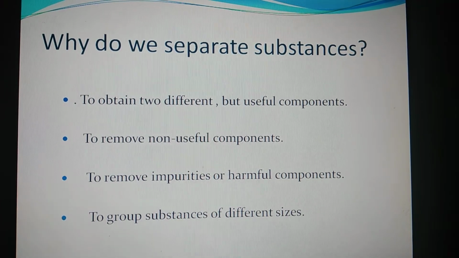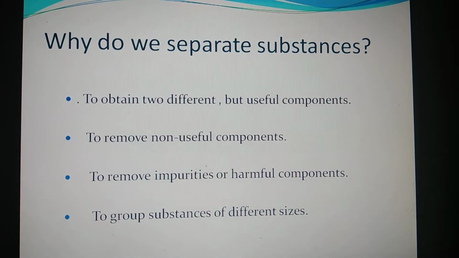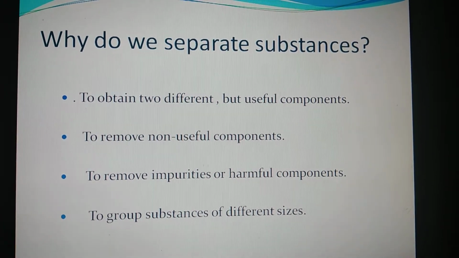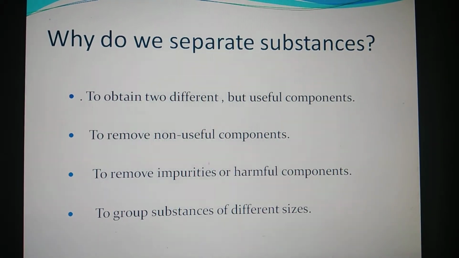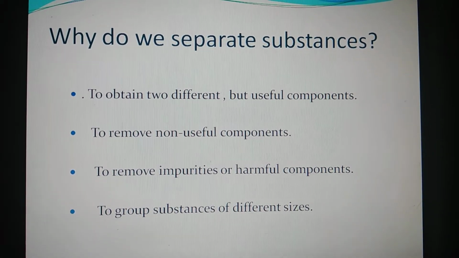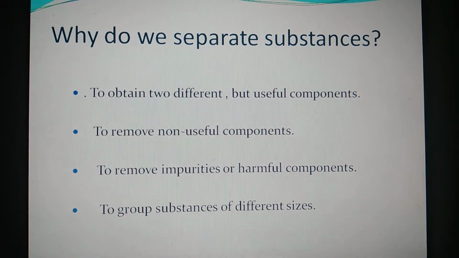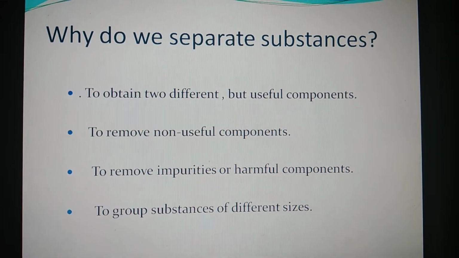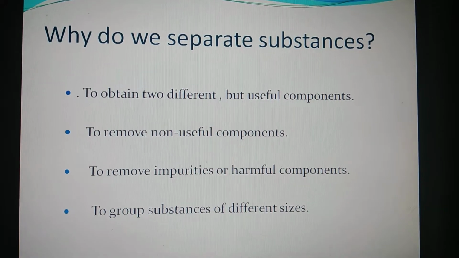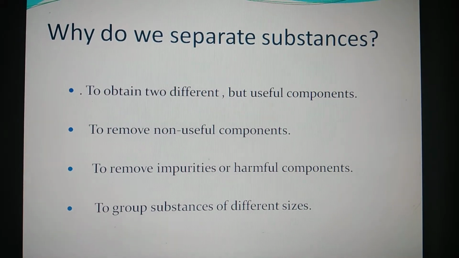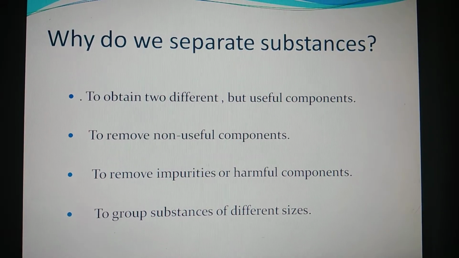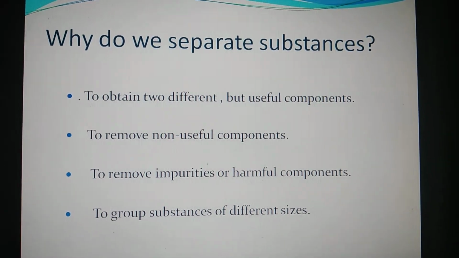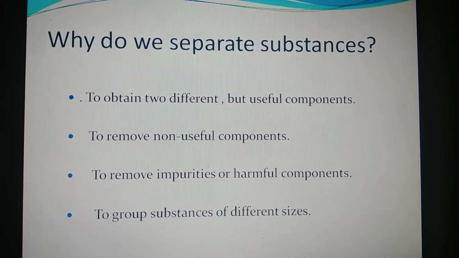Pebbles are the non-useful components which are present in your rice, so we have to remove them. Similarly, husk particles are also added in the foodstuff. So we have to remove those impurities or harmful components which are present in your foodstuff, or to group the substances according to their size. So this is how we need to separate out certain substances.